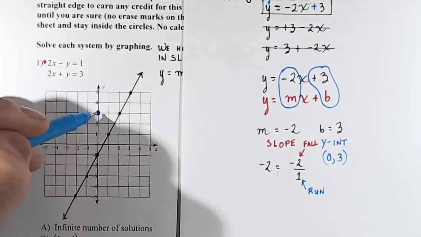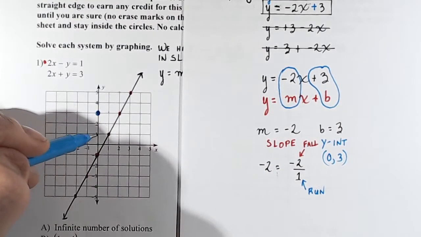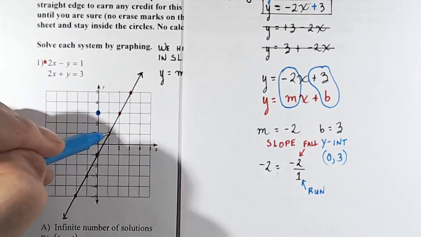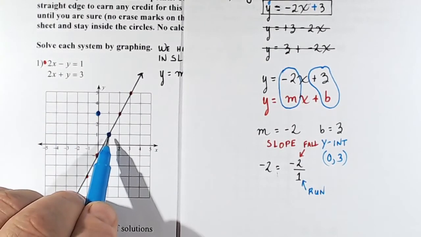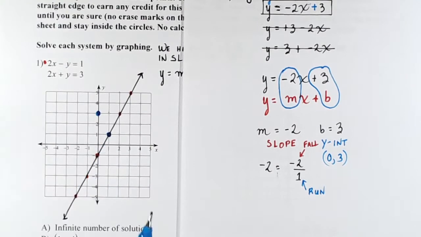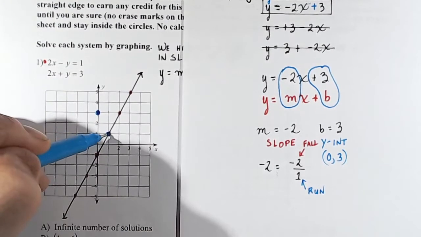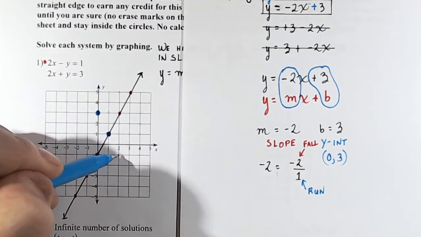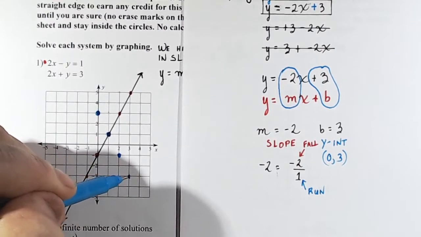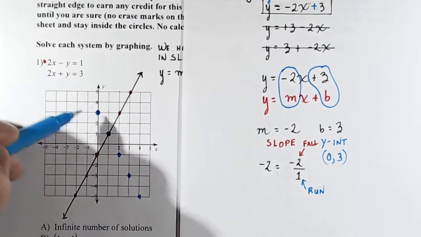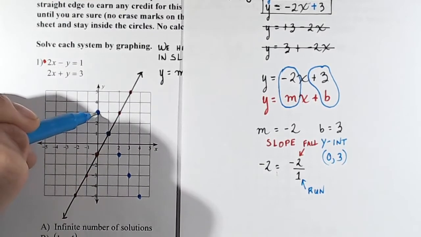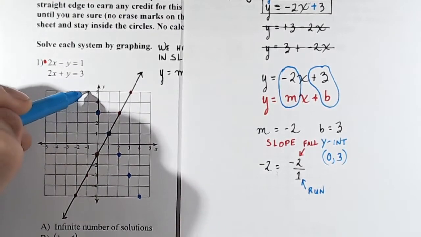So I'll start at the y-intercept and go down 2, and then over 1 to the right. And you see, I've already mapped over my solution right there. I can keep drawing the line by going down 2, over 1 to the right, again and again. I can go backwards. I can go up 2, 1 to the left.